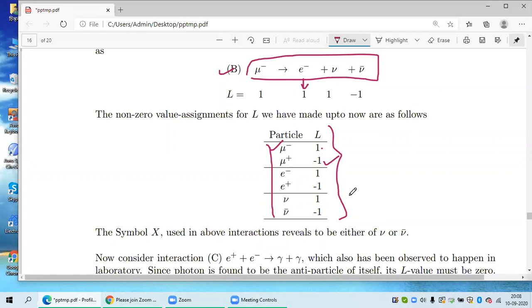But you want to make the most conservative assignment. Conservative assignment means a minimum number of particles get it. So you assign quantum numbers in such a way that, first, a minimum number of particles get a non-zero value of a particular quantum number. Second, the possible values are also minimum. It is 0, 1, at least 0, 1.